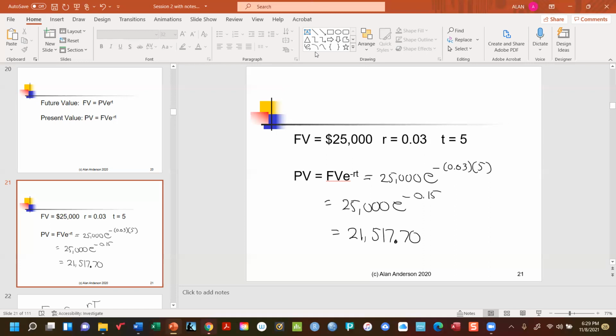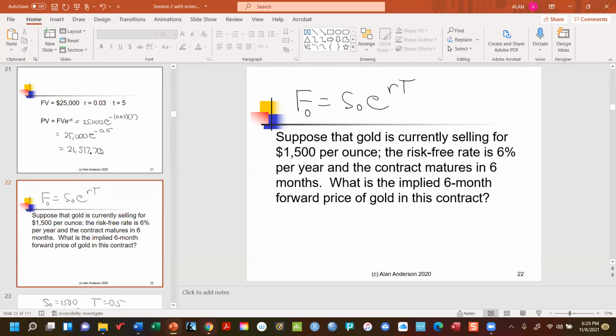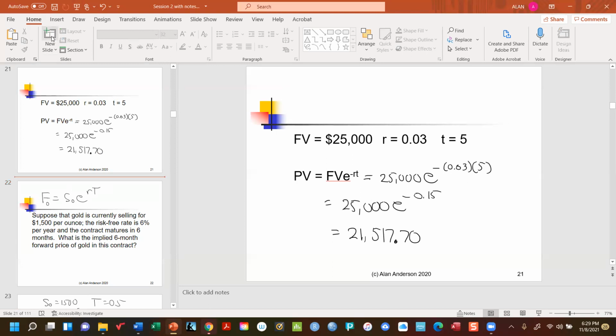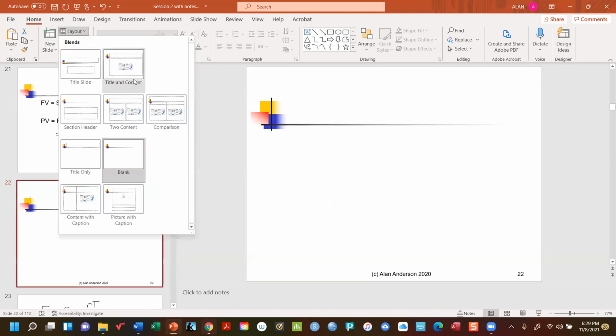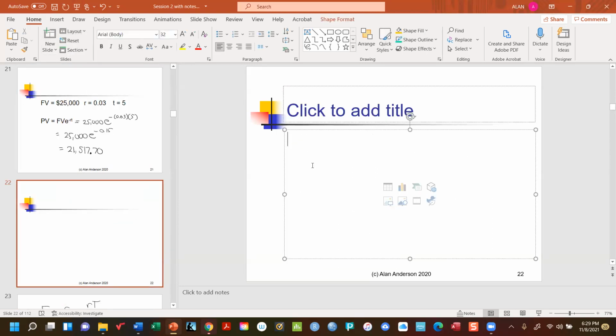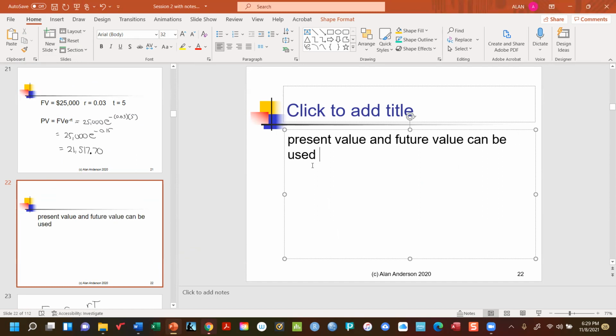So present value is used to essentially compare the values. Well, I guess technically both of them, present and future value, can be used to determine the values of cash flows at different points in time.